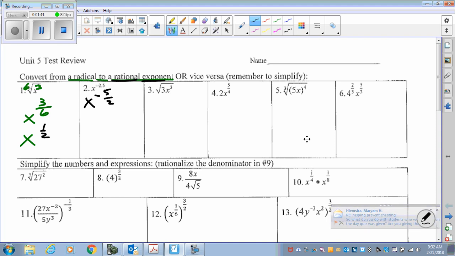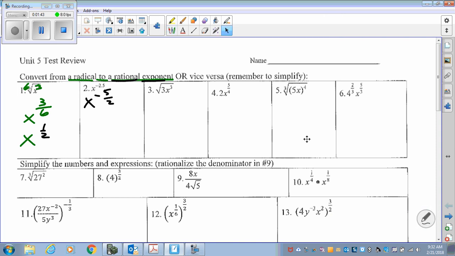So two things are going on here. First of all, we have the negative, which remember negative just means it's going to be an inverse, a reciprocal. So this x is going to go to the denominator. It's going to go to the basement. And then I have to convert it to a radical. All right, so now I'm going to look at the root, which is my denominator, so that would be a square root, right?